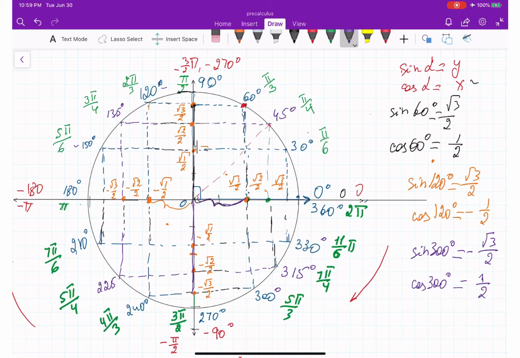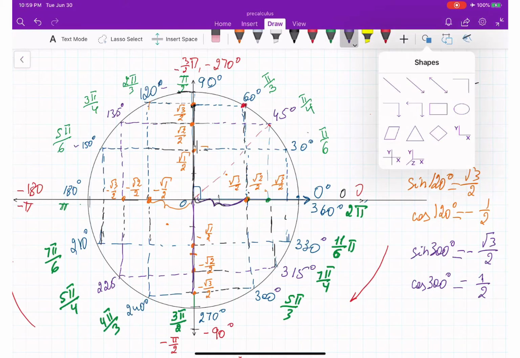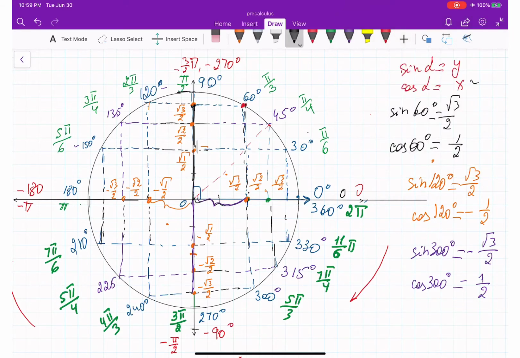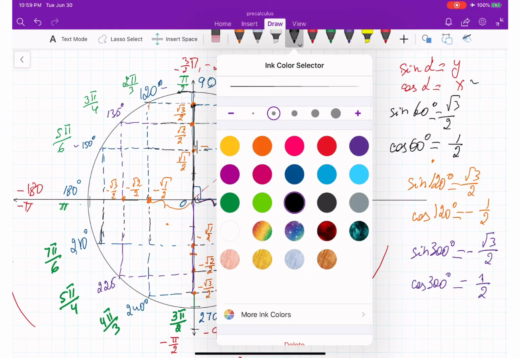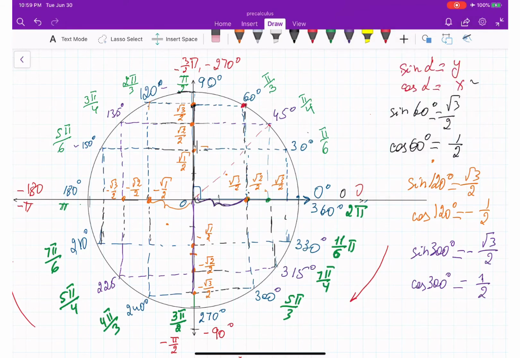Actually, I took this 60 degrees on purpose, going horizontally and then going vertically.